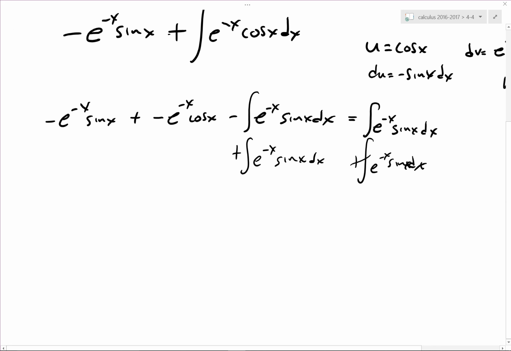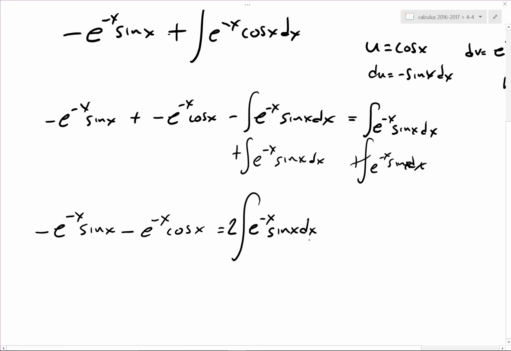Because now I have this, which is equal to 2 times what I wanted to find the answer for, yes? Well, that's not what I wanted. I wanted one of them. So divide by 2. And then if you would be so kind as to throw a plus C on there, you'd be good to go.